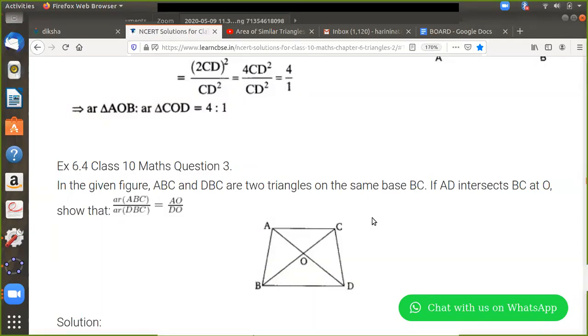Where is it given? I can't see so much information that you're reading. Where are you reading from? Has it been given anywhere? I'm only given ABC and DBC are two triangles on the same base. That's all. If AD intersects BC at O, it's only intersecting, not bisecting anything. Where is it perpendicularly bisecting? Where is it said?